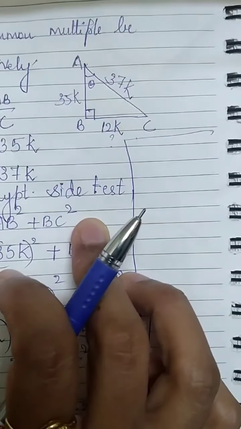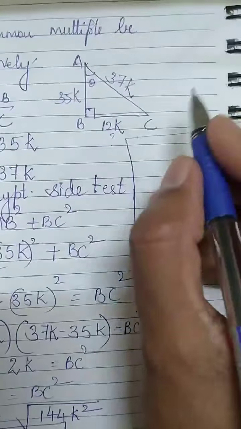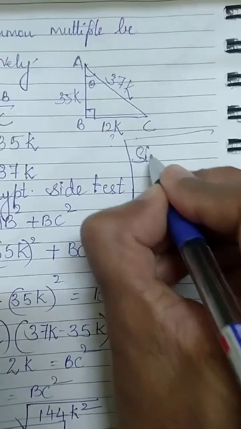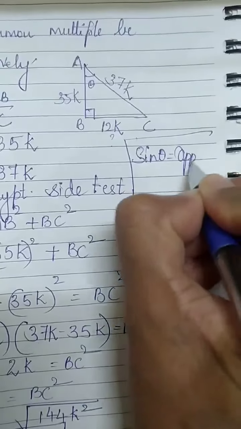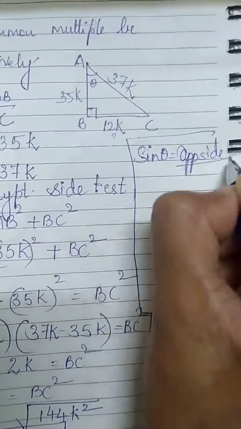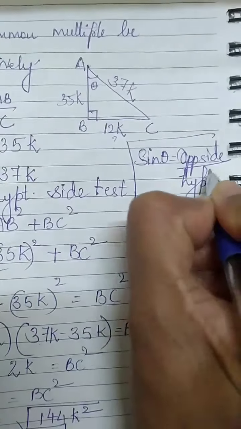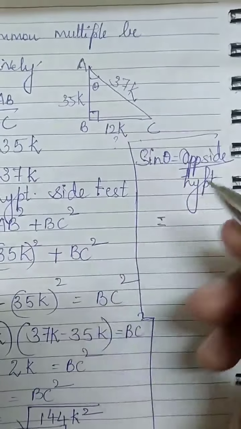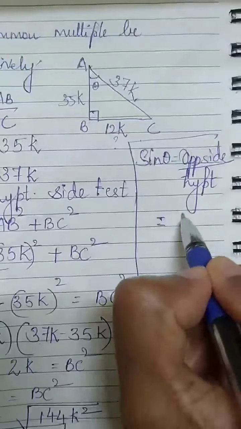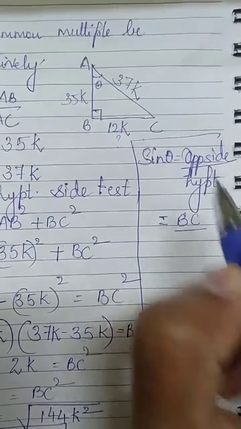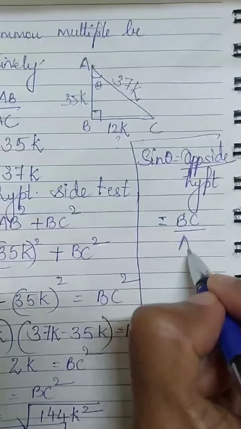What was given in the question? Cos theta was given and they are asking sin theta. Now use the formula. Sin theta is equal to opposite side upon hypotenuse. Now see in this triangle, for theta the opposite side is BC, BC upon hypotenuse is AC.